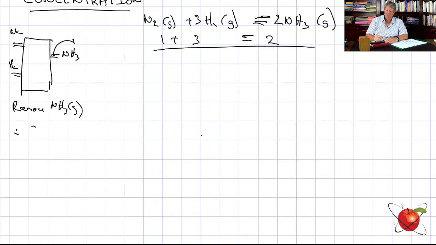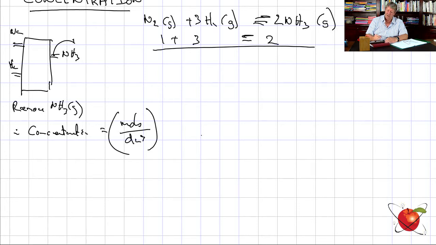Therefore, the concentration is moles per decimeter cubed. What did I do? I took away moles, didn't I? By taking away moles, I have reduced the concentration. I have taken product away.